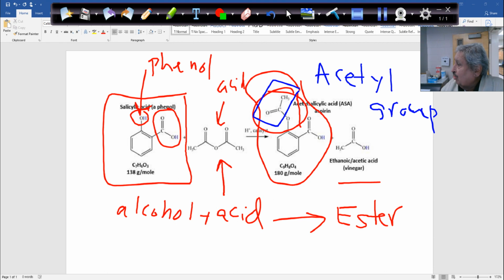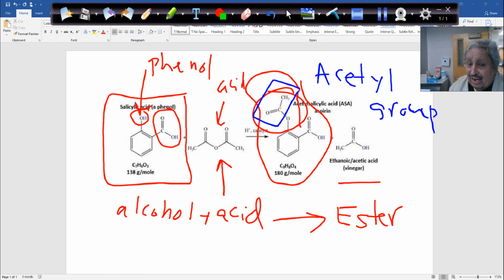Because if the melting point is way off, very low, it means we have a lot of impurities. We have aspirin, but it's crude. If we have a melting point closer to the literature value, our aspirin is of very good quality.